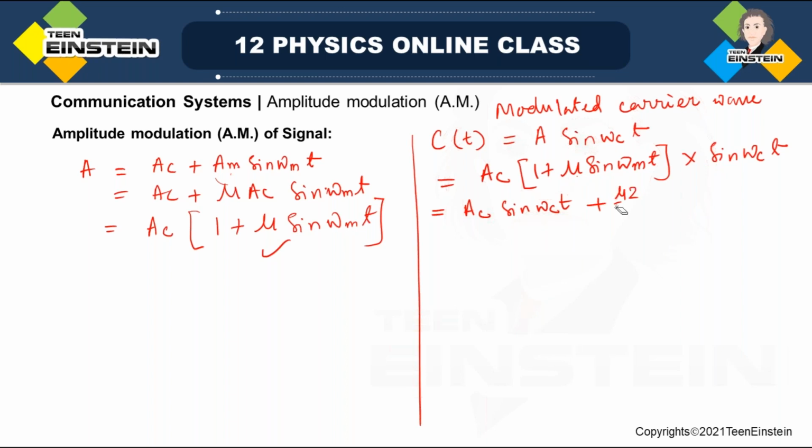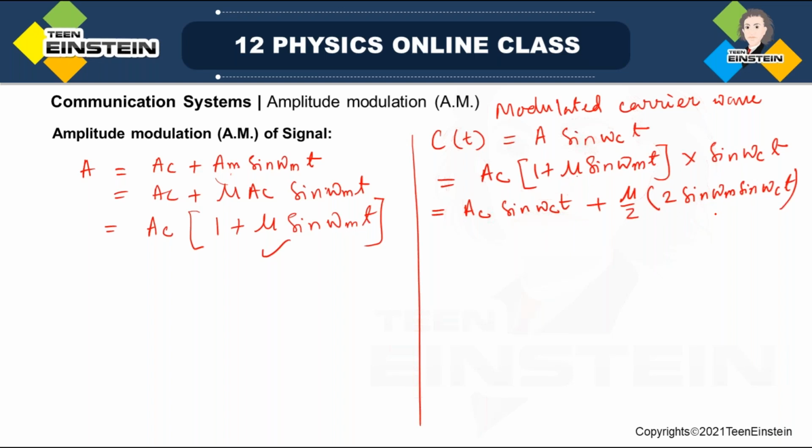I'll just divide with 2 and multiply with 2. Mu by 2, then we get 2 sine omega m t and sine of omega c into t. This I have done with an intention.